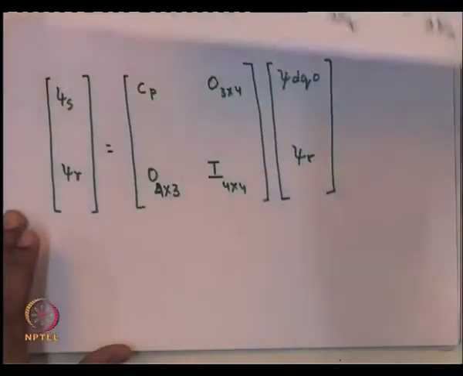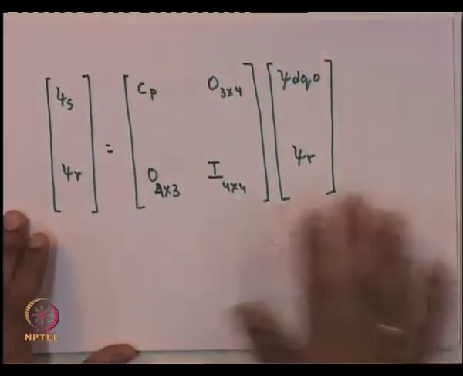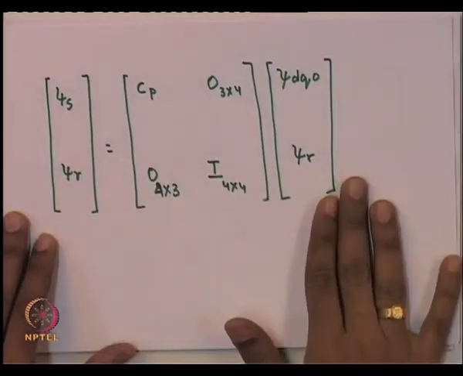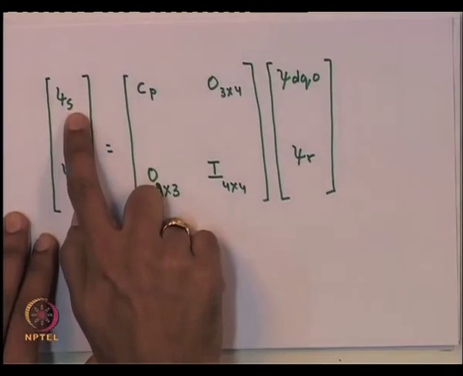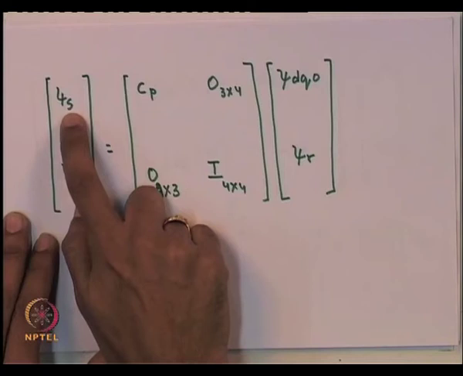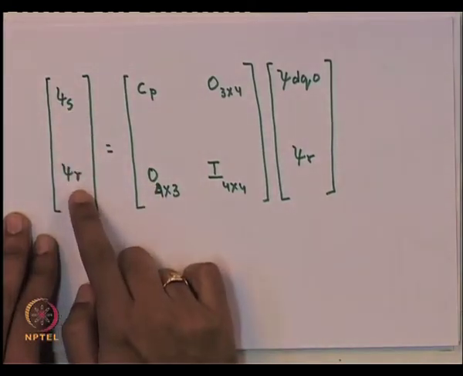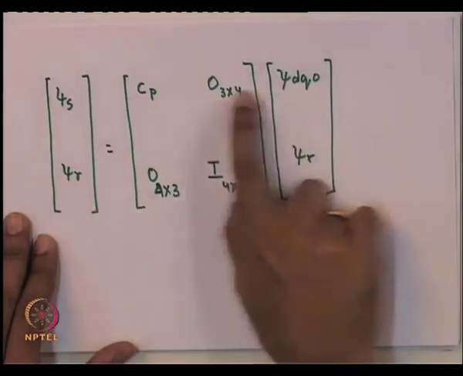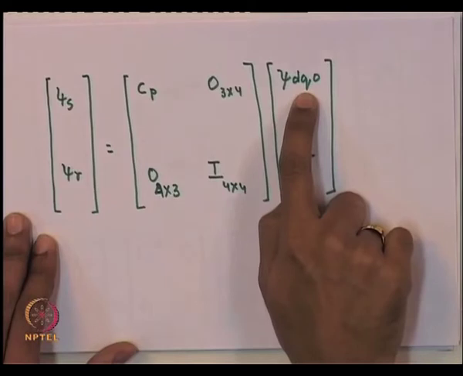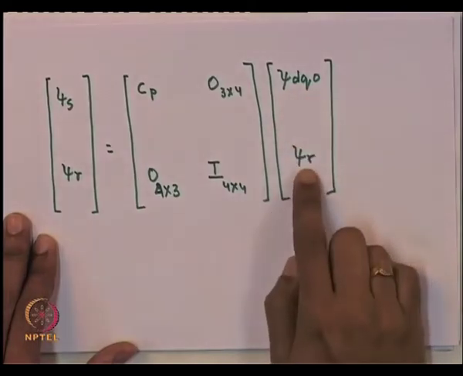Now, the basic idea here is to convert the flux equations. So, what we will do is try to convert the ABC variables: psi s is nothing but psi a, psi b and psi c, and psi r of course is psi f, psi h, psi g and psi k. We try to change the variables a, b, c to dq0.